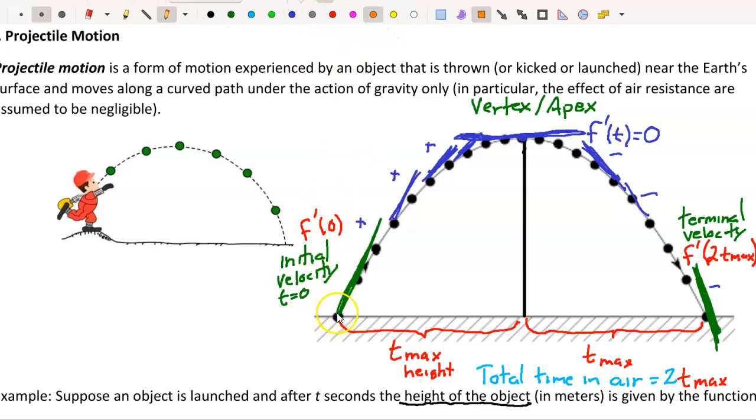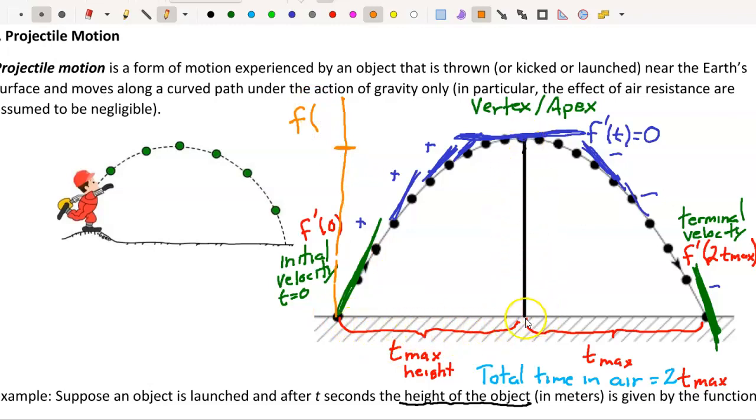Oh, what is the actual height? How high does this get? Right? How high does that actually get? That's another question. If I want to know that, since I want to find height, I'm not using the derivative. I'm going to plug in how long it takes to get there, and that'll tell me how high I'm at that point.